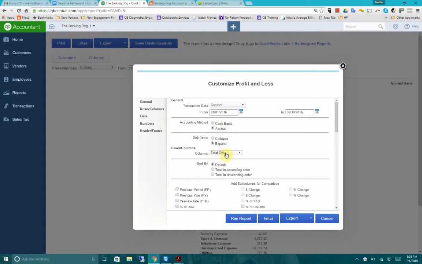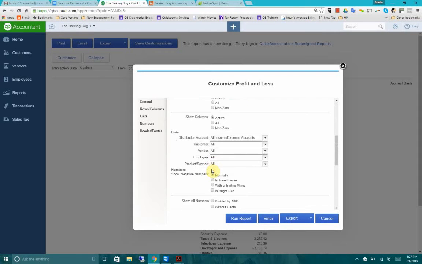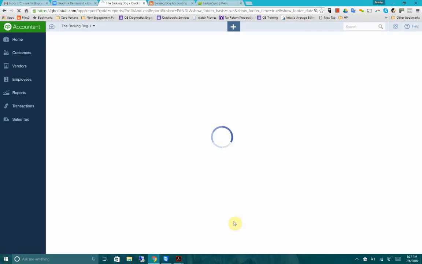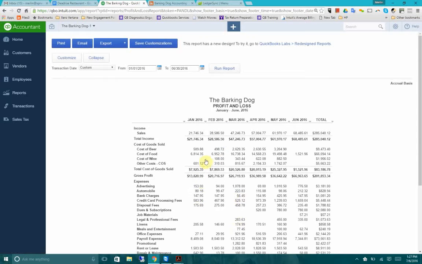I want the columns, instead of it being the whole total from January to June, to show me the total by month. And when you do that, you end up with a financial statement that you can analyze and look at very quickly and easily to see if there's anything out of whack.